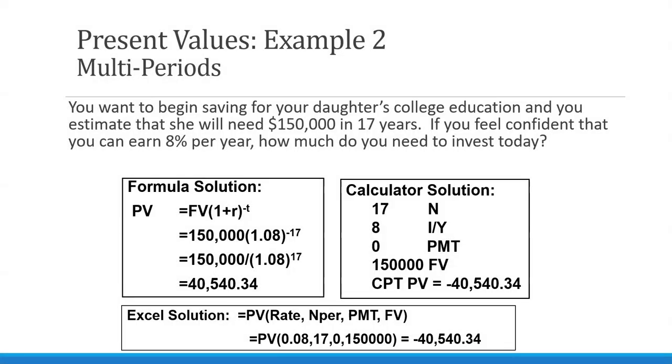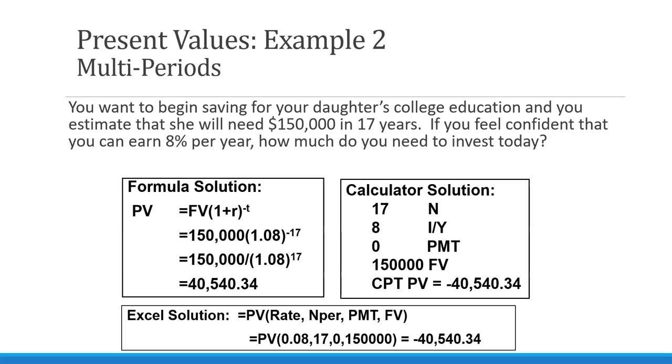If I have multiple periods, this example is I want to begin saving for a college education, and I estimate that I'm going to need $150,000 in 17 years to pay for 4 years of college. I feel confident that I'm going to get 8% interest, so how much needs to be invested today?